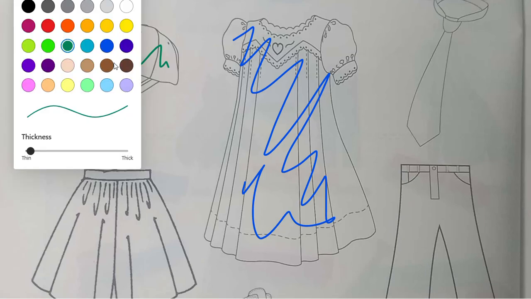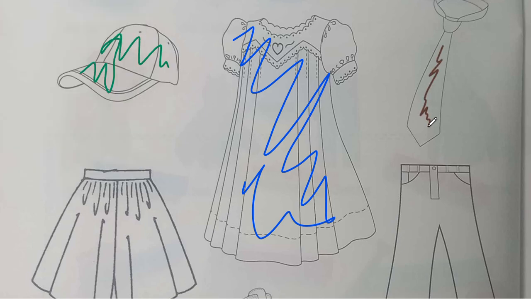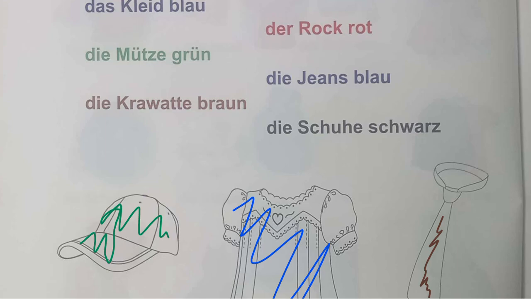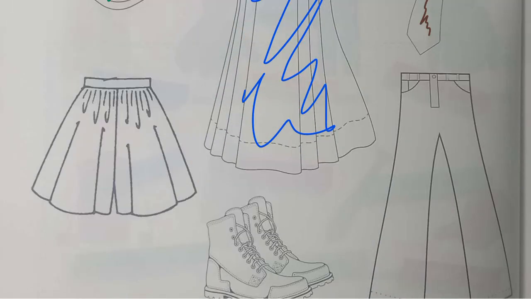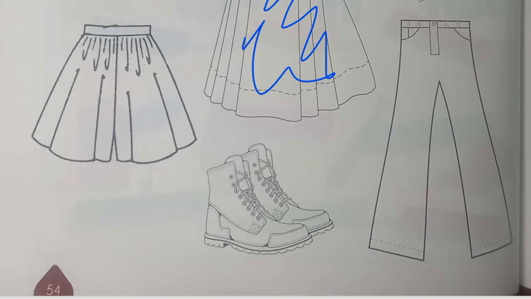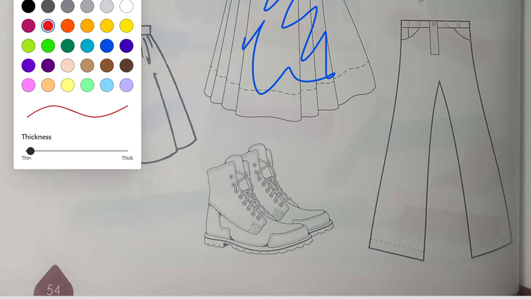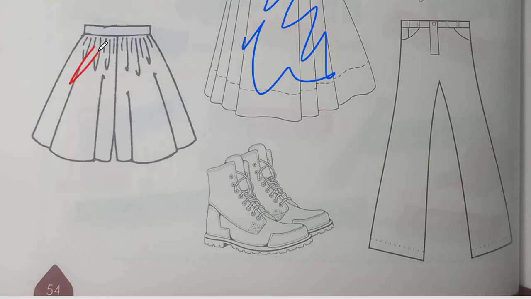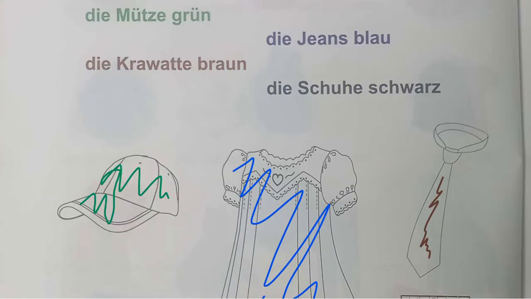Not "is", but they're just giving kind of like an instruction. So you'll color this brown. Next we have the Rock rot. The Rock means your skirt, and rot is your red, not rotten, okay? So, yeah, red.